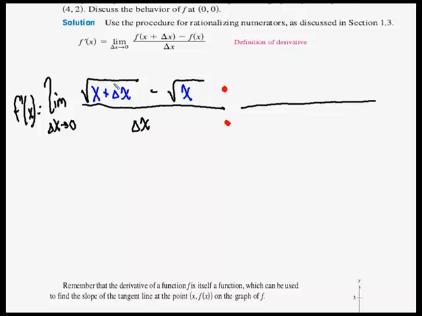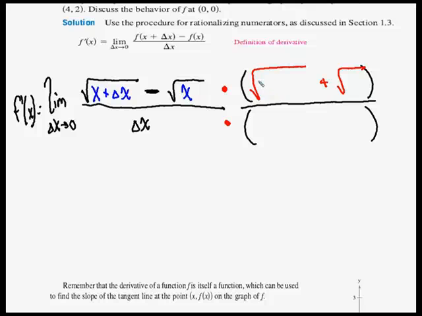Well, what is our conjugate going to be? In our numerator here, we have a square root minus another square root. If we come up with a conjugate that we can FOIL out and get those square roots to disappear, that's going to help move us along. So here we have a radical minus a radical. Our conjugate is going to be the same radical plus radical.